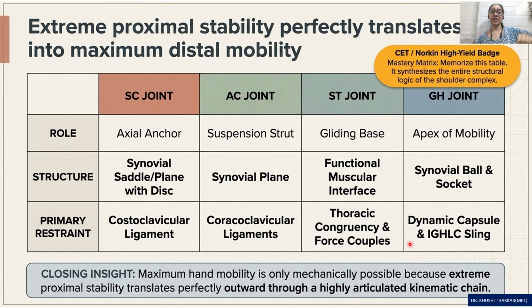This is the close-packed position which restrains the anterior and posterior translation of the head of the humerus via the IGHLC. Always remember, maximum hand mobility is only mechanically possible because extreme proximal stability translates perfectly outward through a highly articulated kinematic chain.